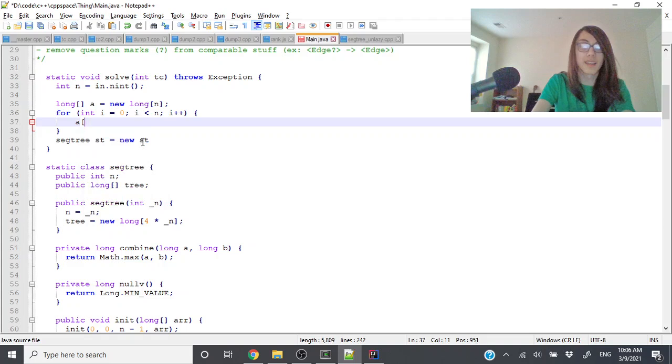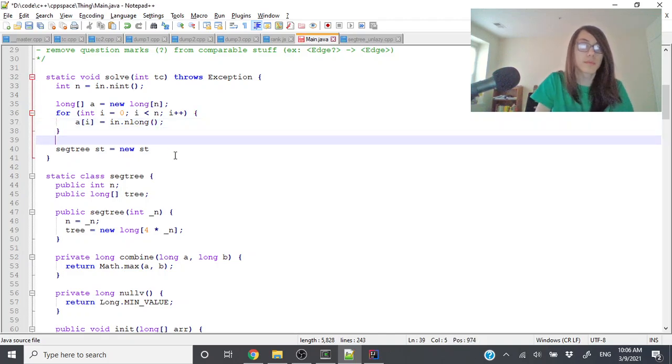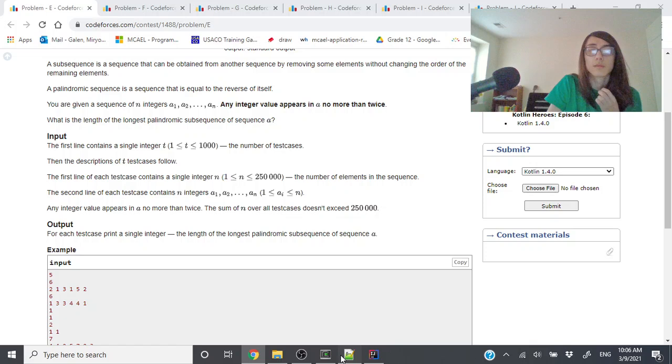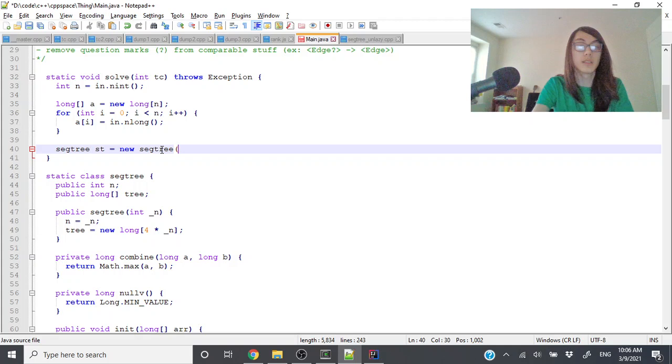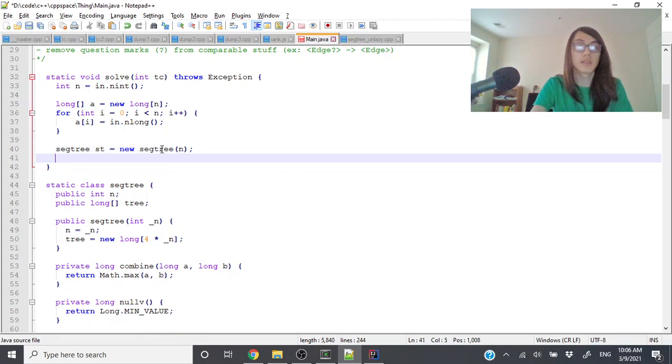Because I was edgy back then when I wrote this template. So a[i] equals in.nlong. Alright, so segtree n. Alright.